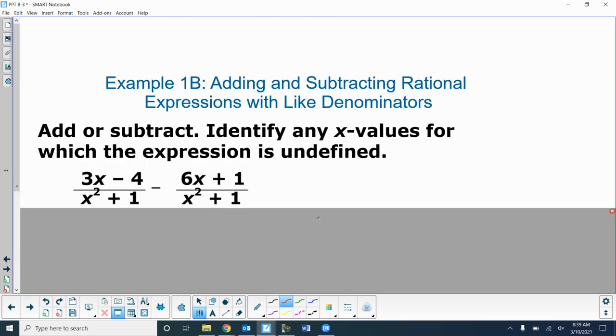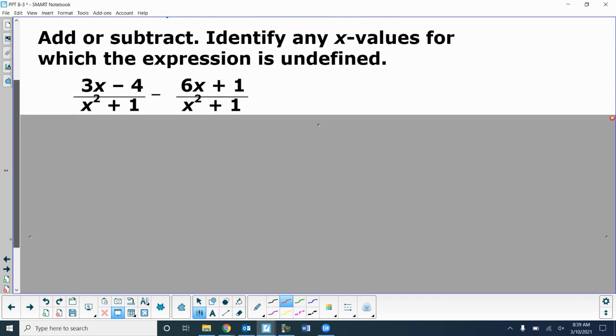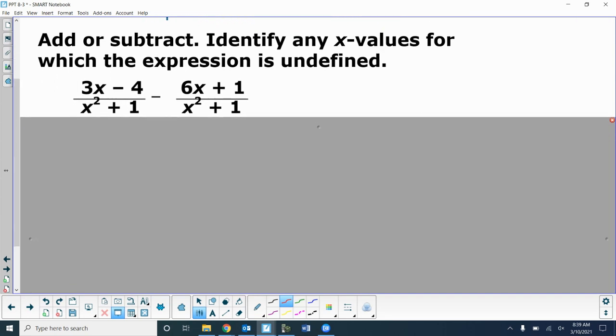All right, this one, another one, it's subtraction. So what's my numerator going to be? -3x, good. -5.